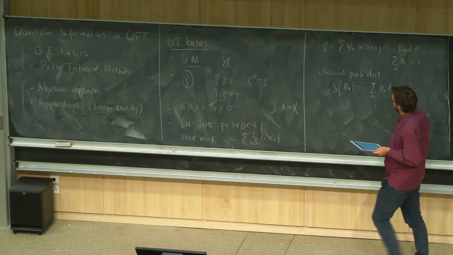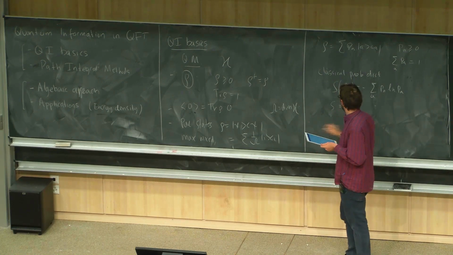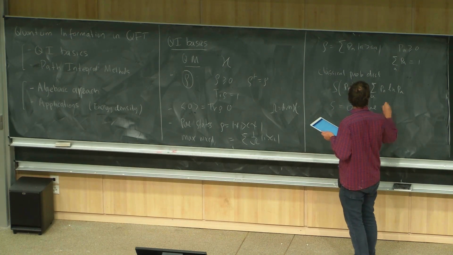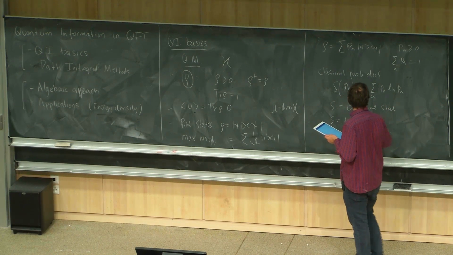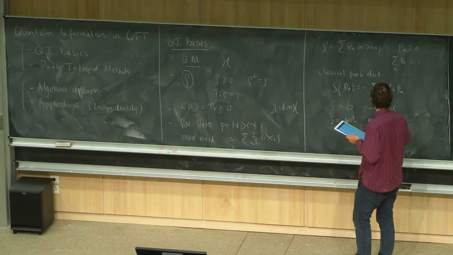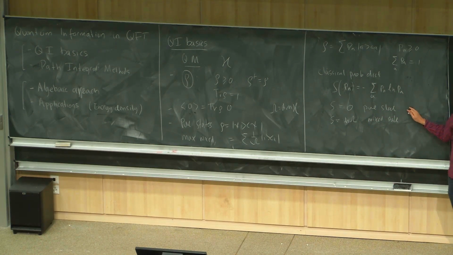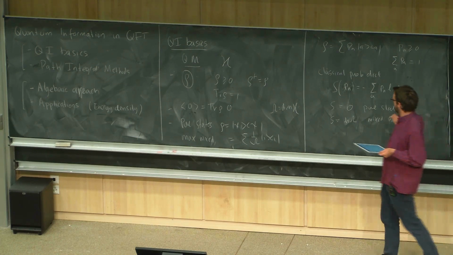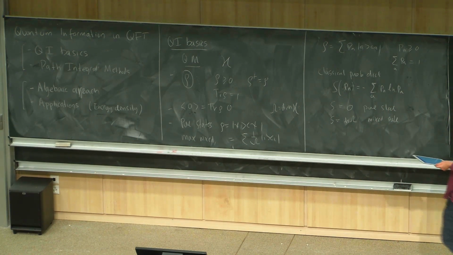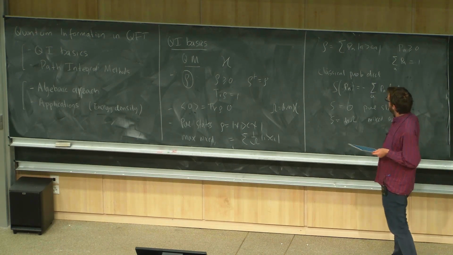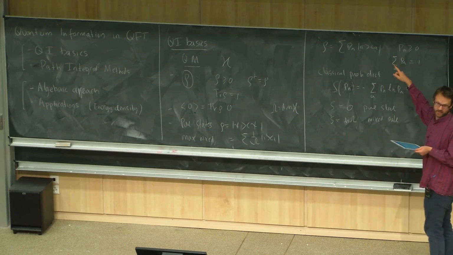So for example, S is 0 for a so-called pure state, and S is log omega for a maximally mixed state. So the pure state is, in some sense, the state with the maximum certainty. We know the most about the state, and the maximally mixed state is the one which is completely uncertain. The other thing that we can do is write this in a basis-independent way.